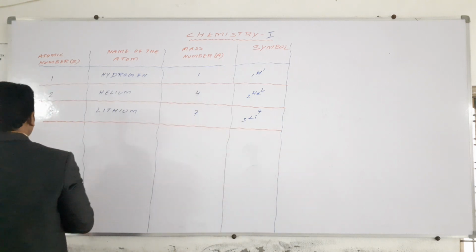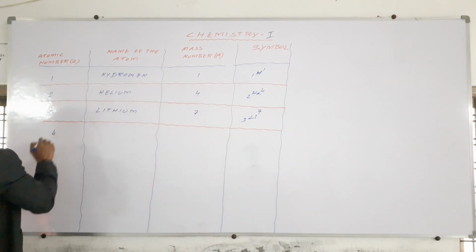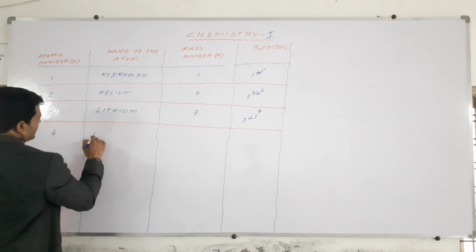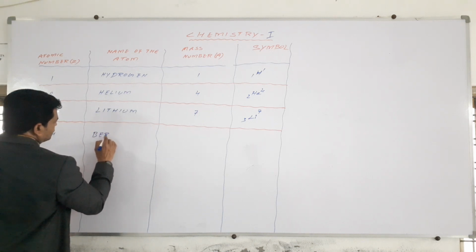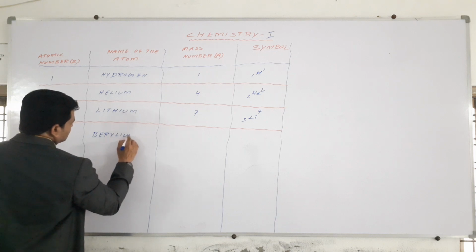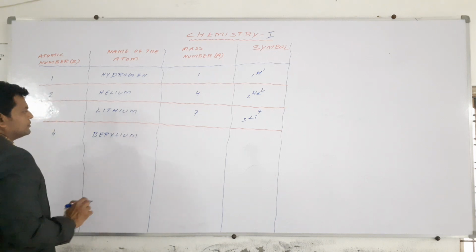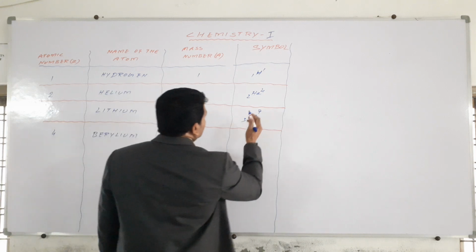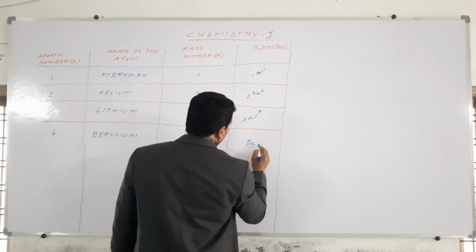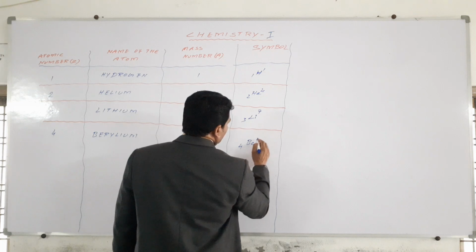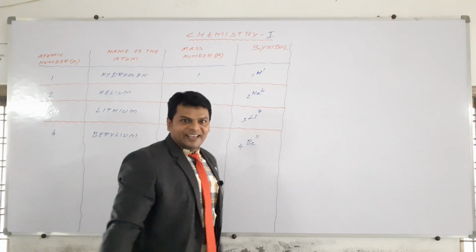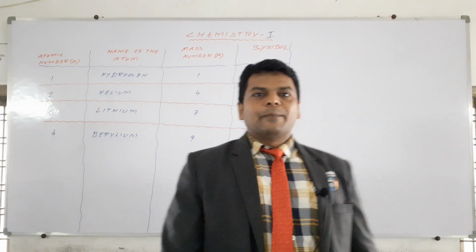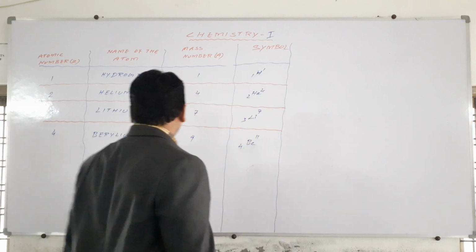Okay, next atomic number 4. Beryllium. Mass number 9. Symbol Be 4 9.